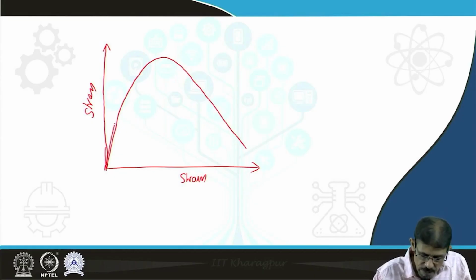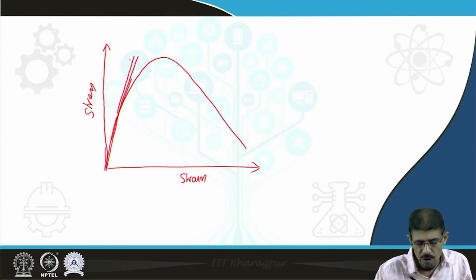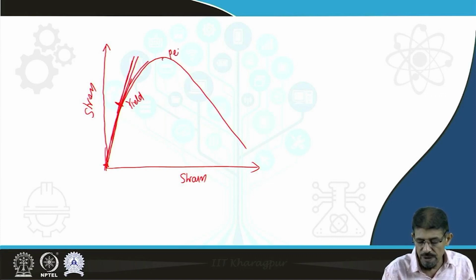This linear portion we have already discussed in a certain forum. This portion we are going to recognize as the elastic region, and here this curve starts deviating. This is the yield point and this is the peak point.